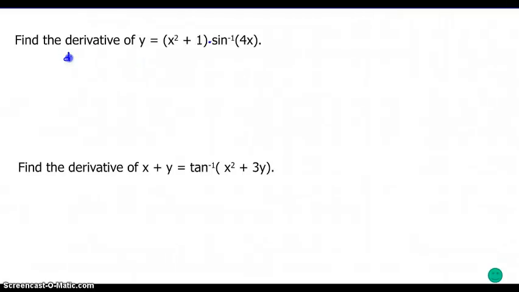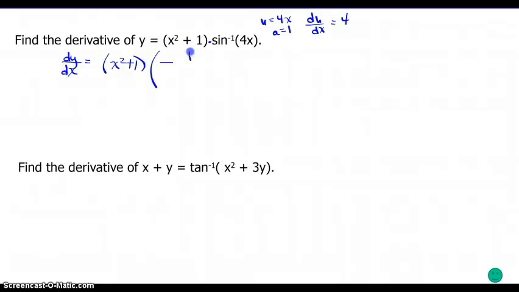So dy dx here is going to be a product rule. And that product rule is 1 d2. Now here u is 4x, a is 1, and du dx is 4. So it's 1 over the square root of the quantity a squared, which is 1, minus the quantity x, or u, sorry, squared, times the derivative of what's inside.